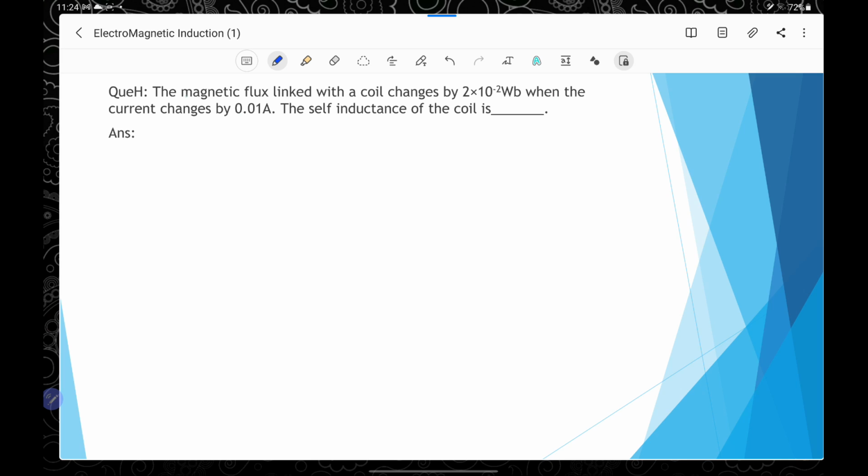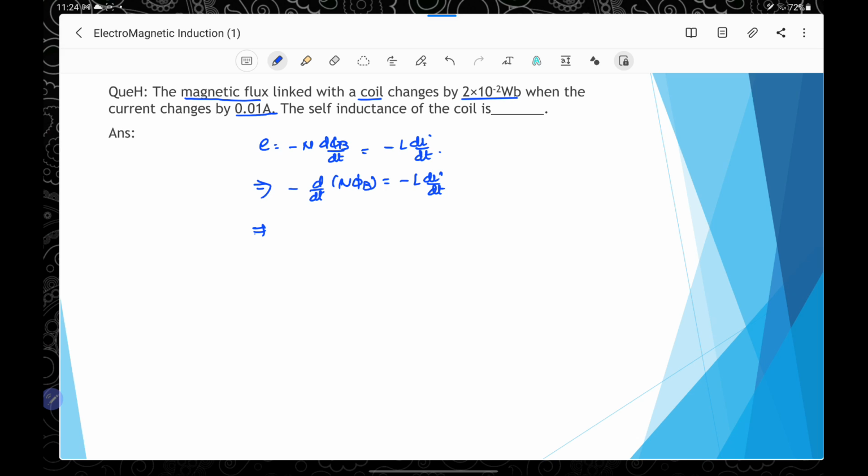The question is, the magnetic flux linked with the coil changes by 2 into 10 to the power minus 2 Webers when the current changes by 0.01 ampere. The self-inductance of the coil is? We know that the induced EMF or back EMF E equals minus N d phi B by dt, and it is equal to minus L into dI by dt. This expression can be written as d by dt of N phi B, the total flux of the coil, equals minus L dI by dt.